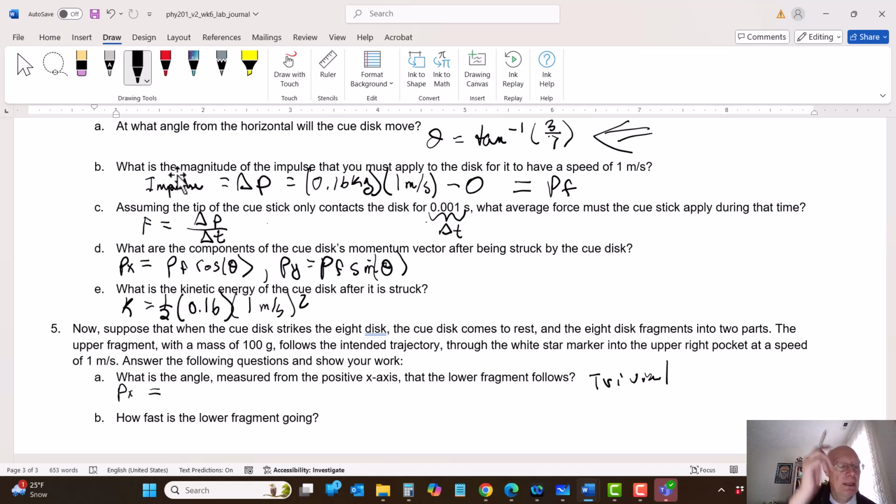So the fragment has a mass of 0.1 kilograms times the velocity, which was 1, times the cosine of the angle.